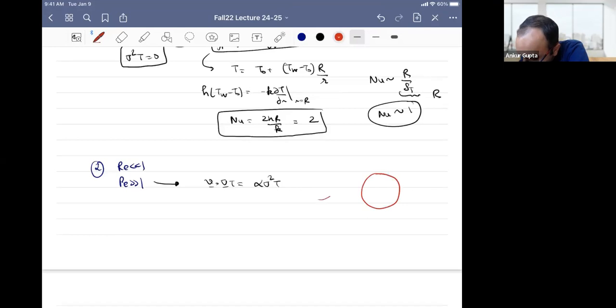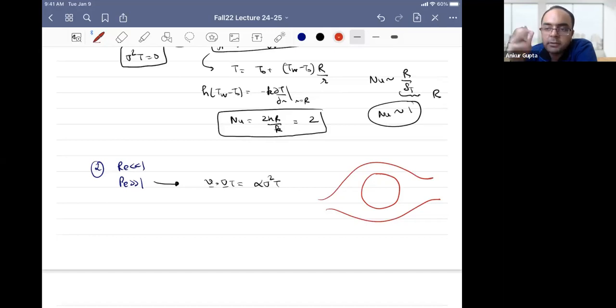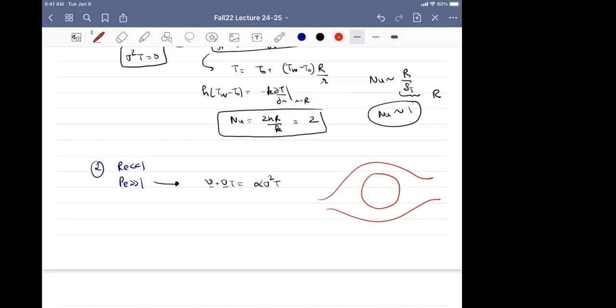So you have fluid flowing and the speed is very fast. Anybody wants to guess? Should I just ignore the right hand side? Maybe not completely, but yes, in one direction.